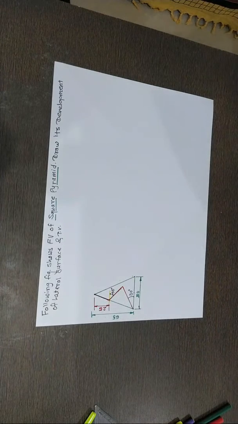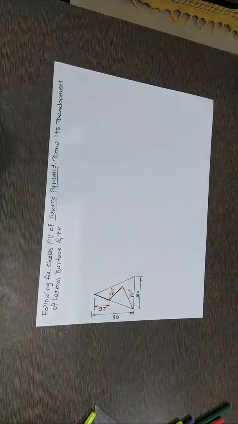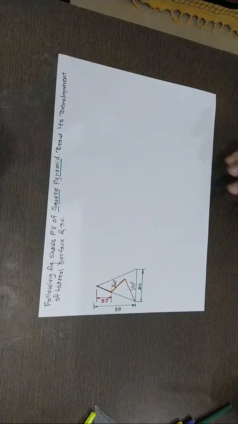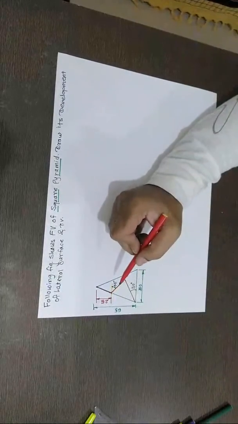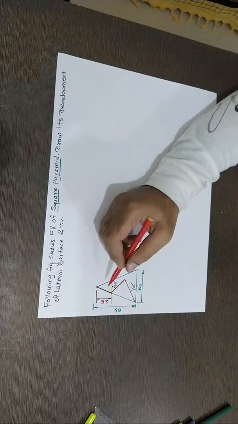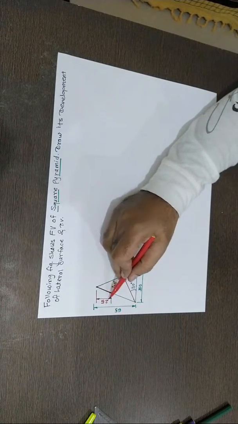They have given one diagram, and the diagram represents only the front view of a square pyramid. All those questions are already shared with you. I'm just giving the short solution now. This side is 25.